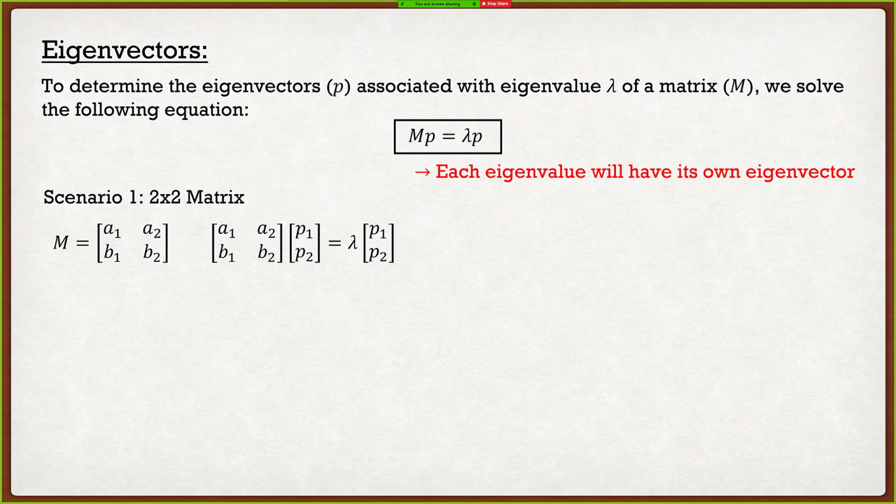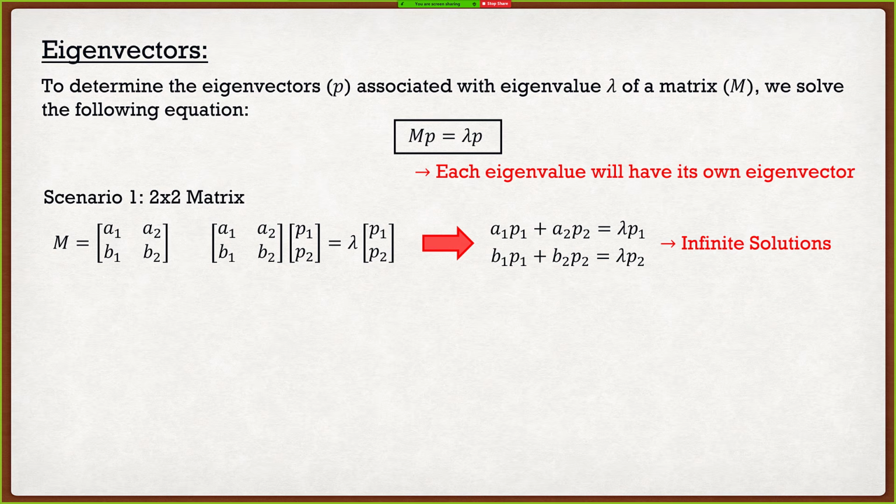So we know what M is, we know what lambda is, we only have 2 unknowns, that's P1, P2. If we expand this into equations, we get 2 equations, and again, we have 2 unknowns. So on paper, this looks great, 2 equations, 2 unknowns. I'm an engineer, I can solve that, no big deal.